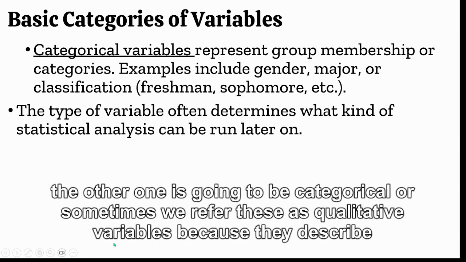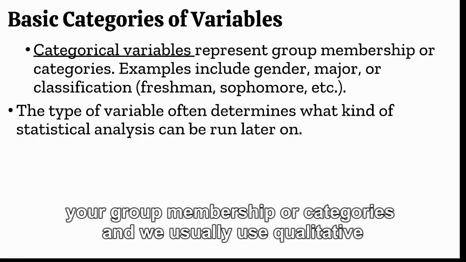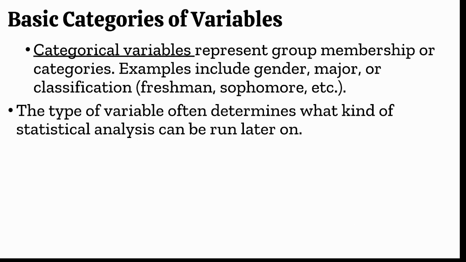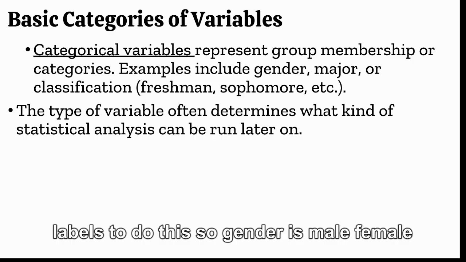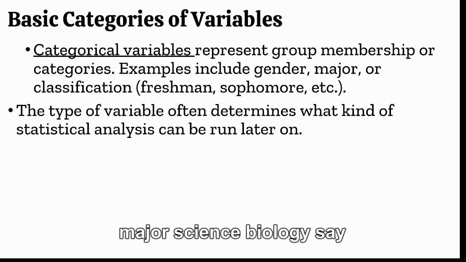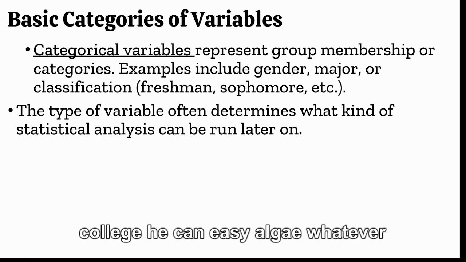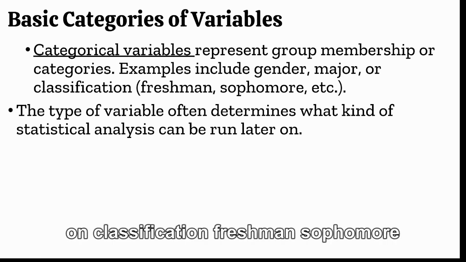The other one is going to be categorical, or sometimes we refer to these as qualitative variables because they describe your group membership or categories, and we usually use qualitative labels to do this. So gender is male, female; major, science, biology, psychology, kinesiology, whatever; classification, freshman, sophomore.